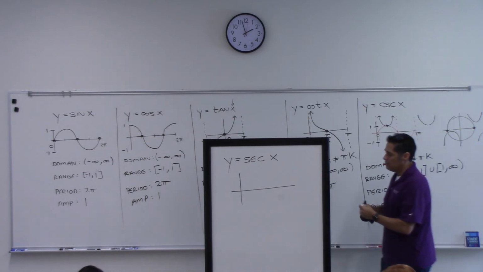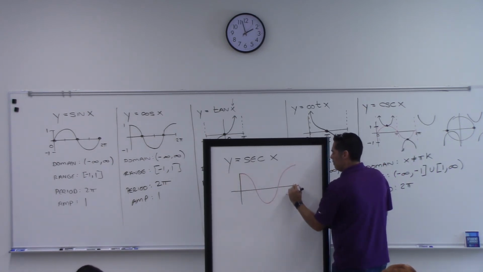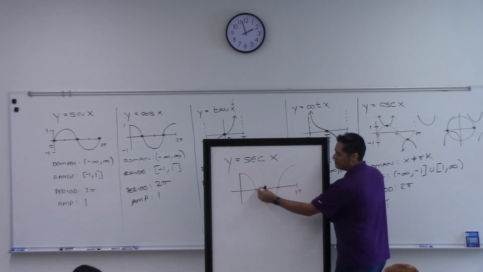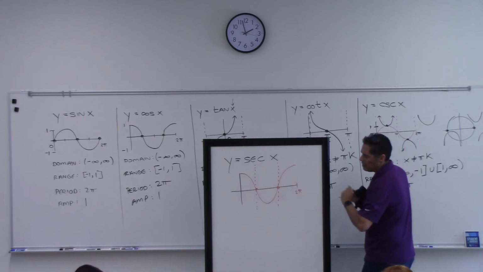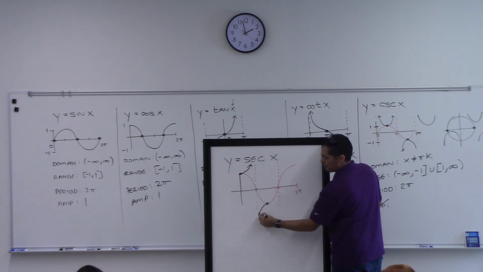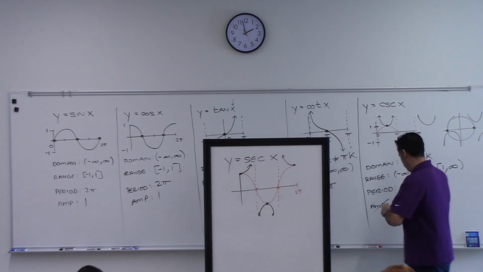We draw cosine in here. Everywhere that cosine hits the x-axis, we have a vertical. And then we have this little U in here like that, and then like that.